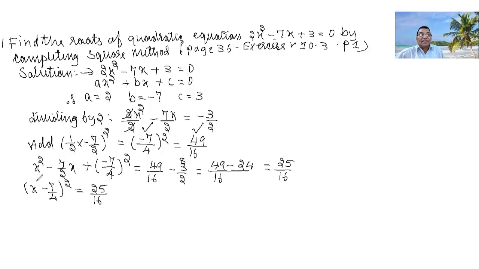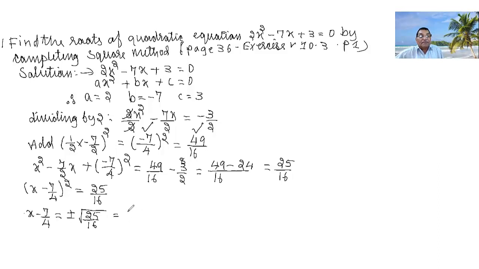Now, taking the square root, the square and root get cancelled. Now this becomes x minus 7 upon 4 equal to plus or minus root of 25 by 16.